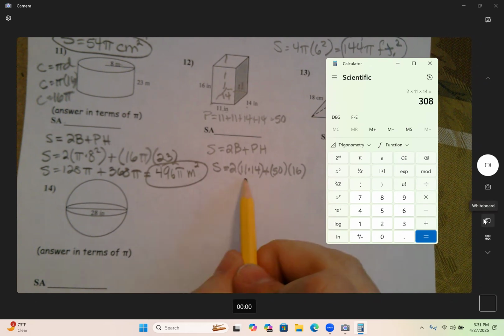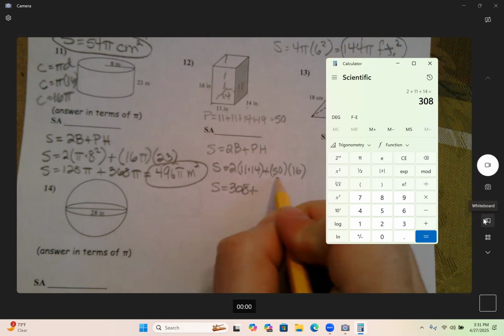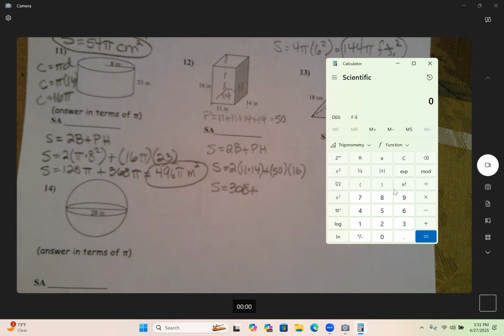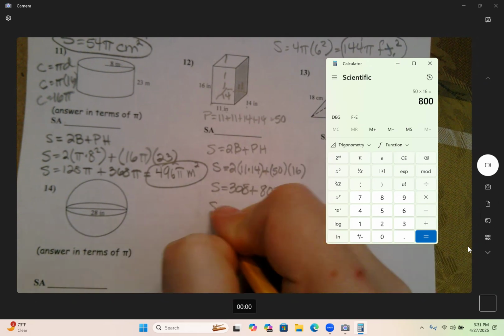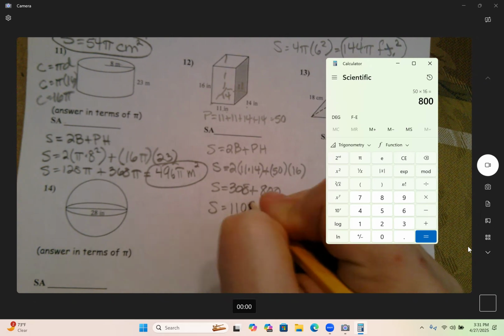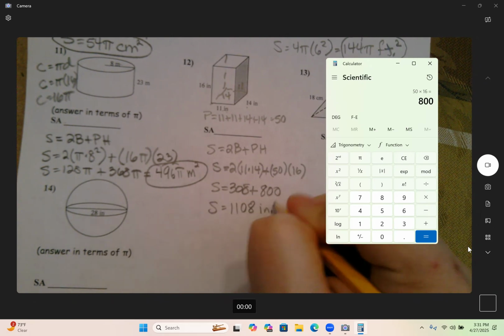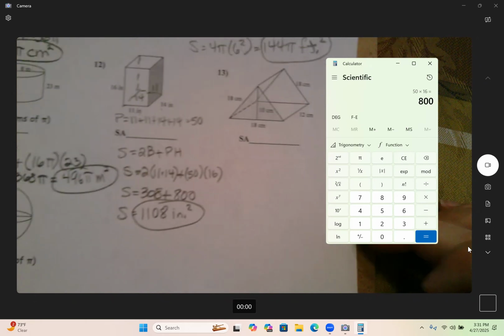So this part right here is 308. 50 times 16 is 800. And then 308 plus 800 is 1,108. And this would be in inches squared. All right, continuing on. 2 more left to do here. Number 13.